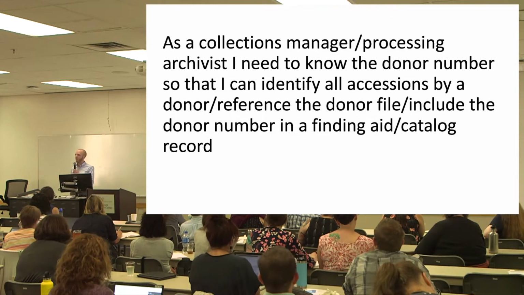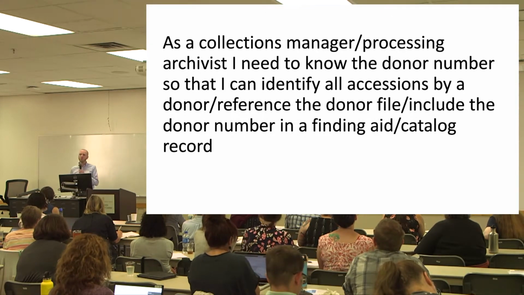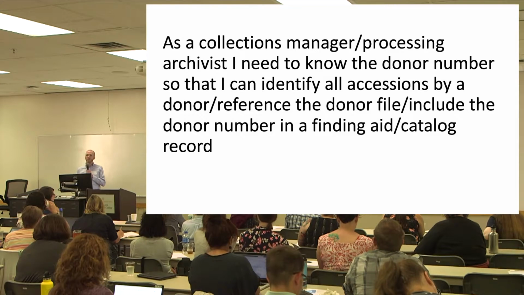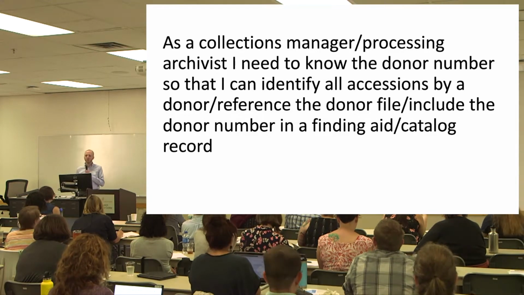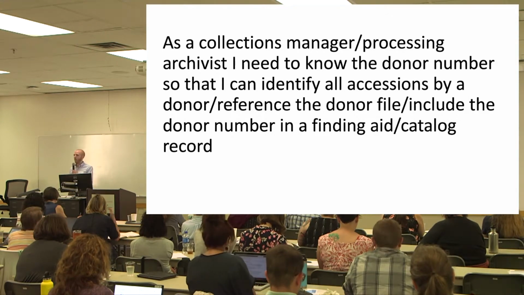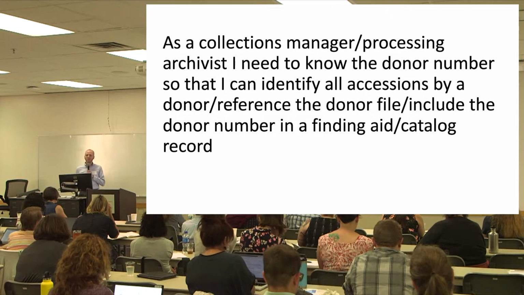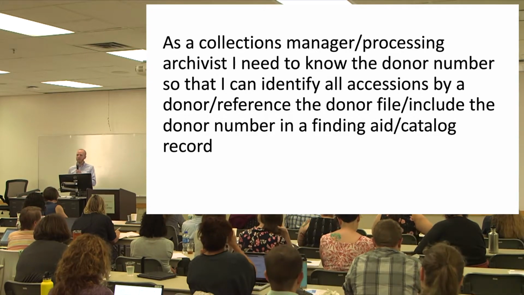This is a very local practice that we use for assigning a unique identifier to every donor of materials to the archive. It's what we use to manage our physical donor files. It's how a lot of people at the institution find correspondence, deeds of gift, things like that.